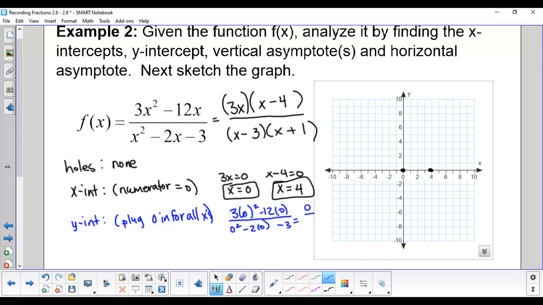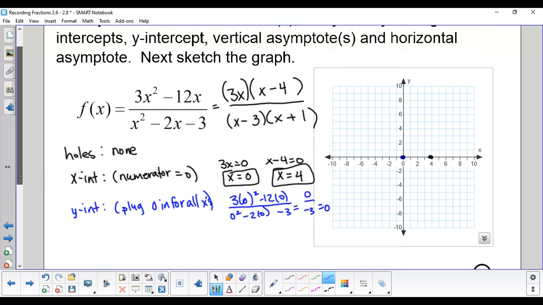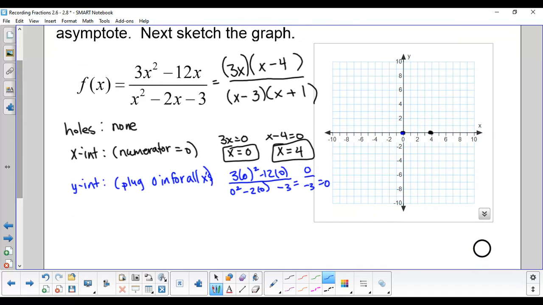In this case, I get 0 over negative 3, or 0. This makes sense because we already had a point at 0, 0, so that made sense that that would be my y-intercept as well. Next, we're going to go ahead and determine our vertical and horizontal asymptotes.